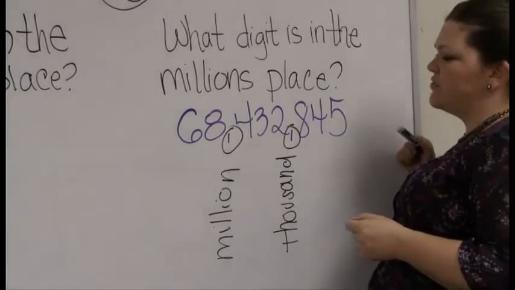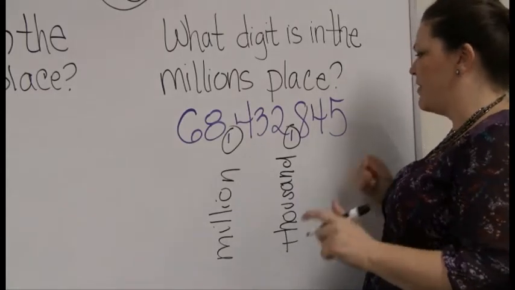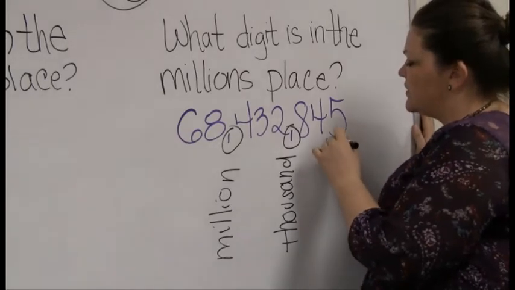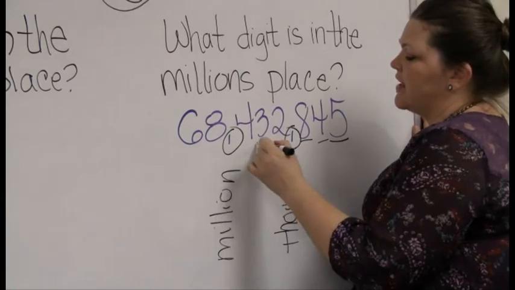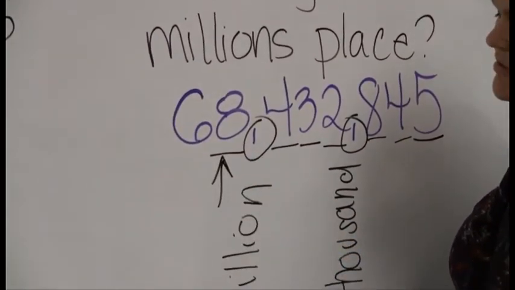And for those of you who caught right on, yes, the millions place is next to the millions comma, but let's go ahead and count back to make sure our system always works. We have ones, tens, hundreds, the 1,000s, 10,000s, 100,000s, and finally the 1 millions, also just known as the millions place.